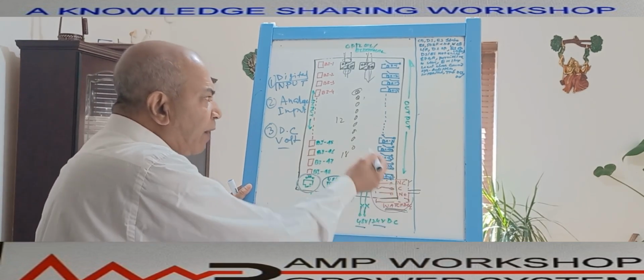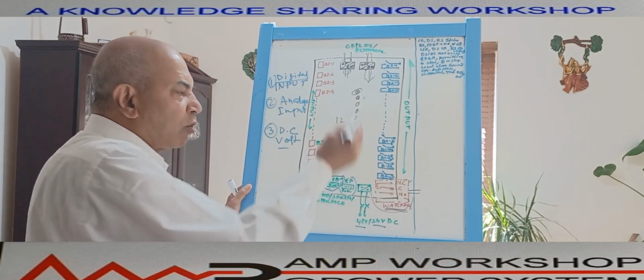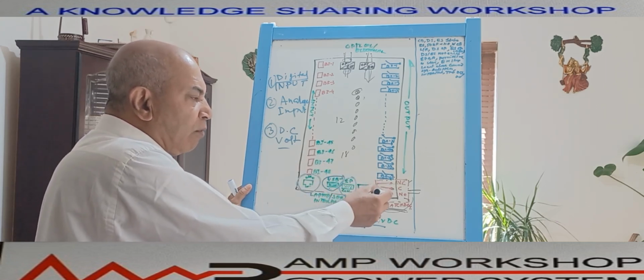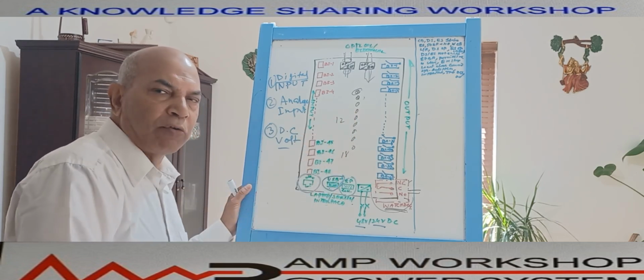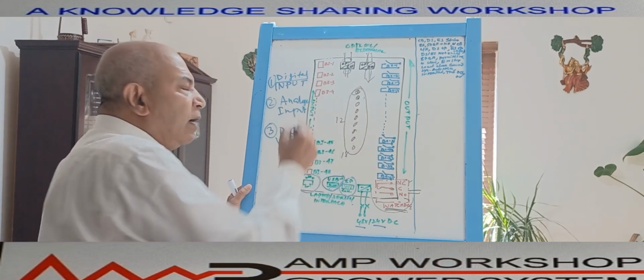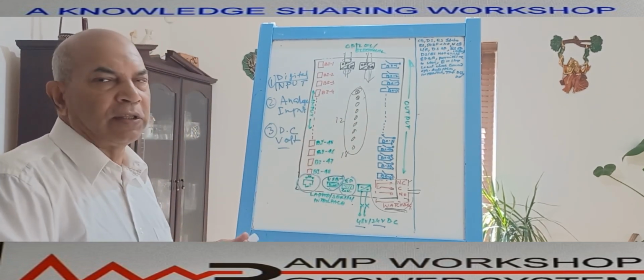Even if the watchdog fails, in that case it will not work if the control supply is not available; if the control supply is available and the watchdog fails, we can also configure the output indication lamps. So that is another feature available with the protection relay which we can interface with the switchgear. So these are the various features.